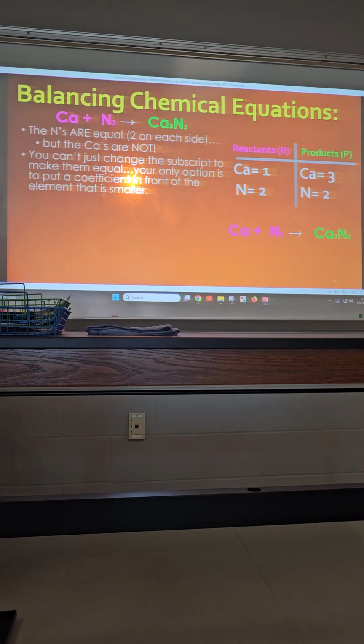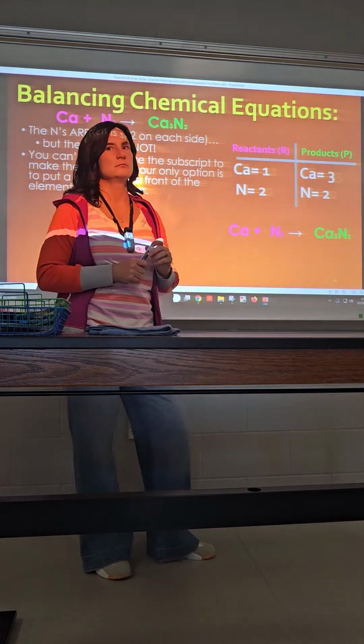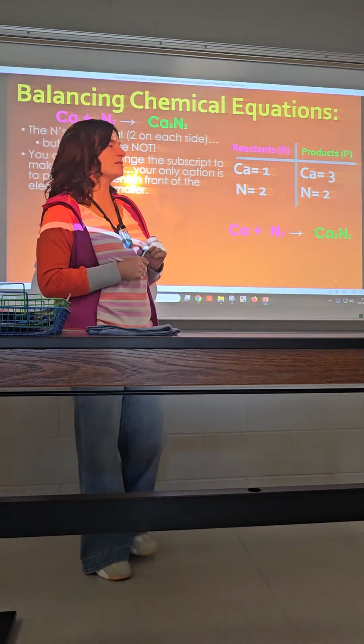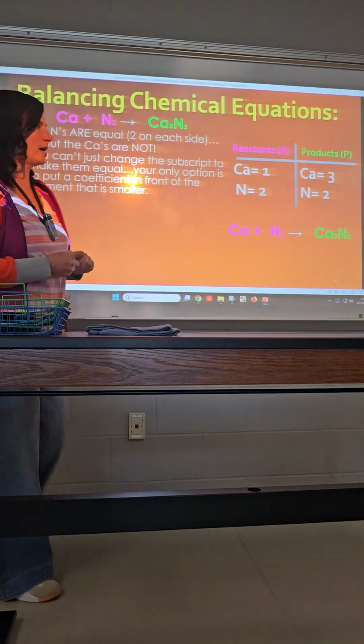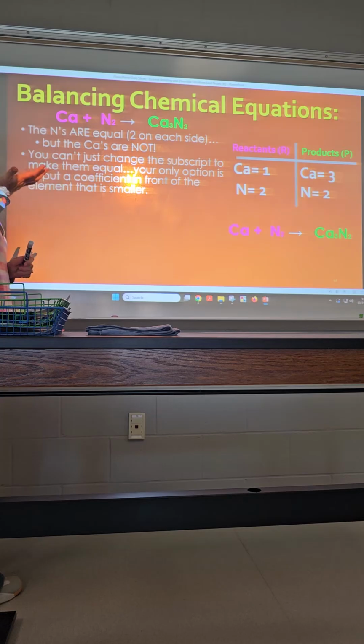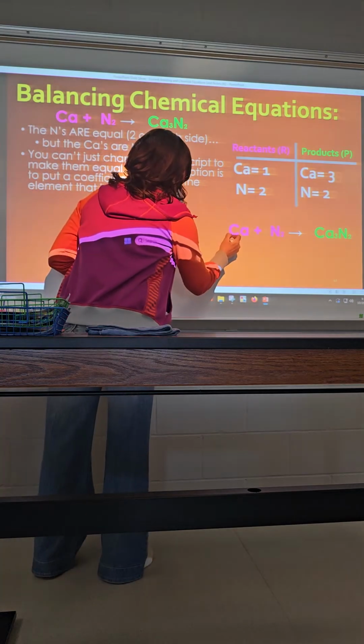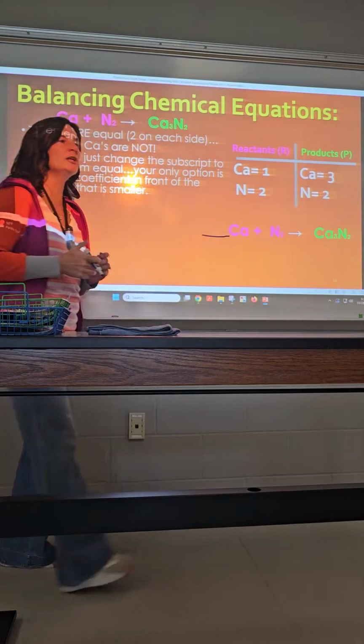So which one of these sides has the smaller calcium? Which one, Jack? The reactant or the products? Okay, so I'm going to have to build up the reactant side for the calcium.